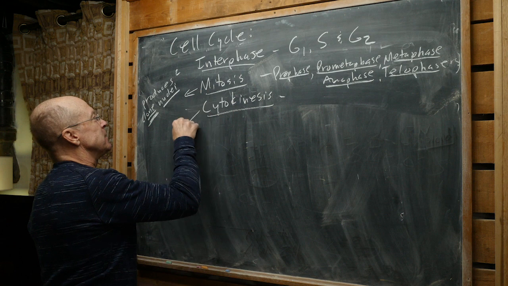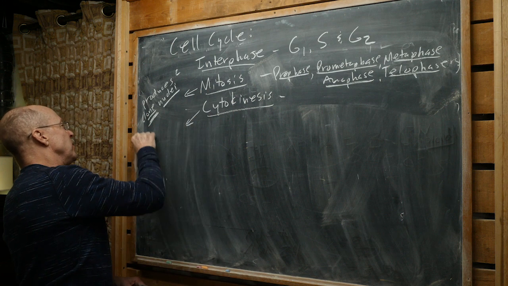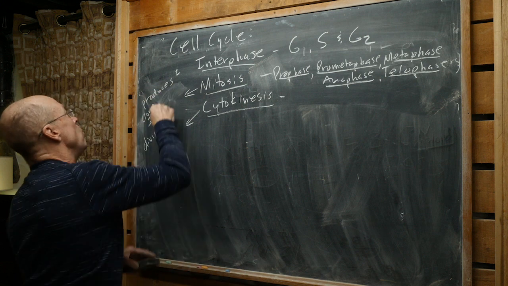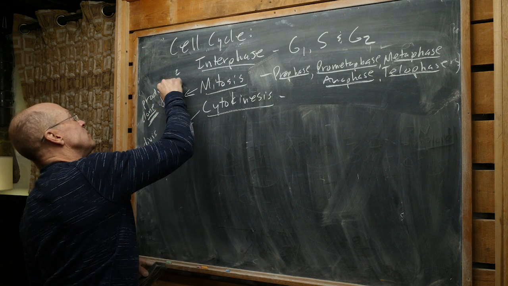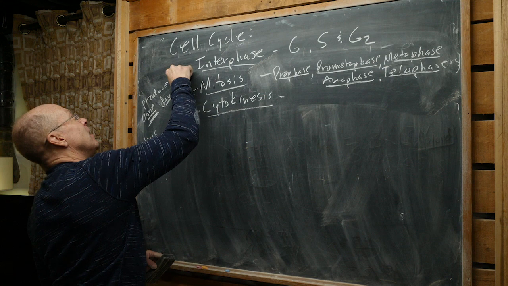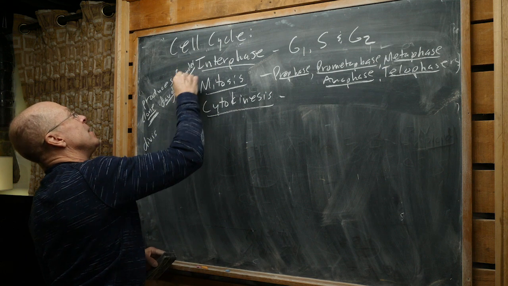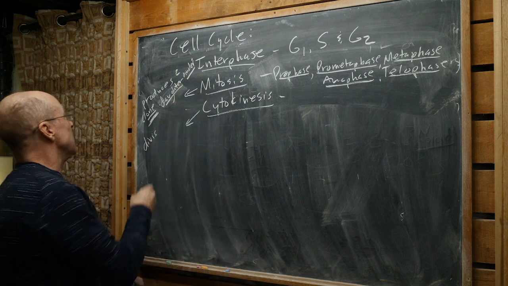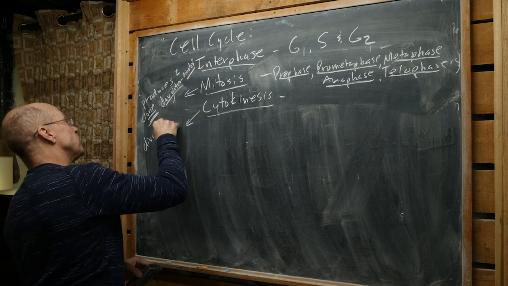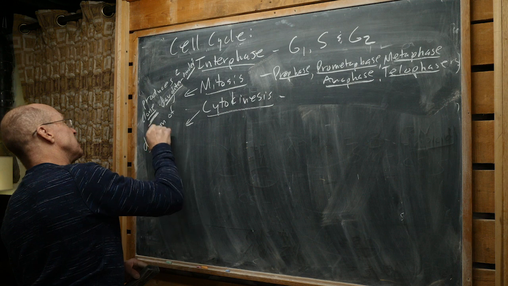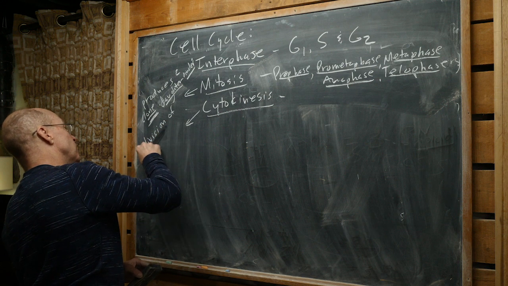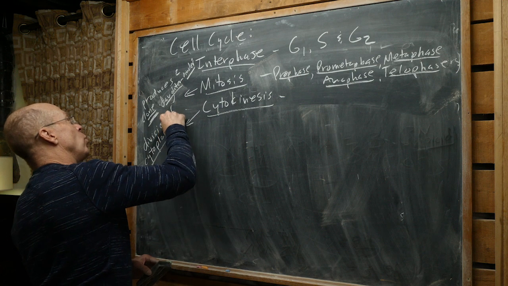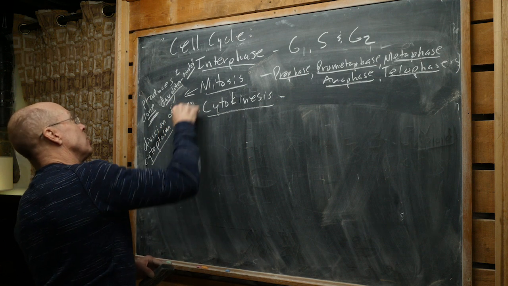And then cytokinesis is actually going to be the division. Oh, and by the way, let's put this in. Two clone daughter nuclei. Let's throw daughter nuclei here. That implies that they are the products of mitosis. So this is the division of cytoplasm, membrane, etc. Cytoplasm between daughter nuclei.